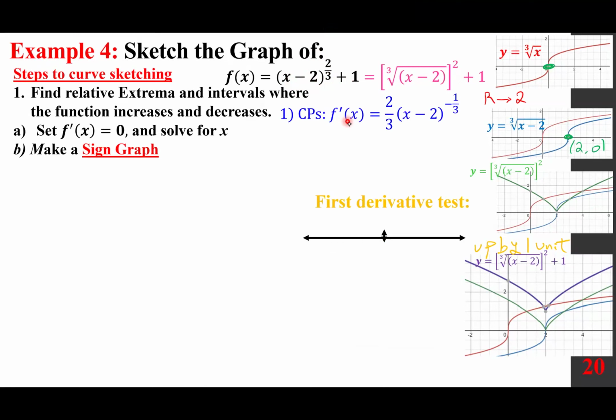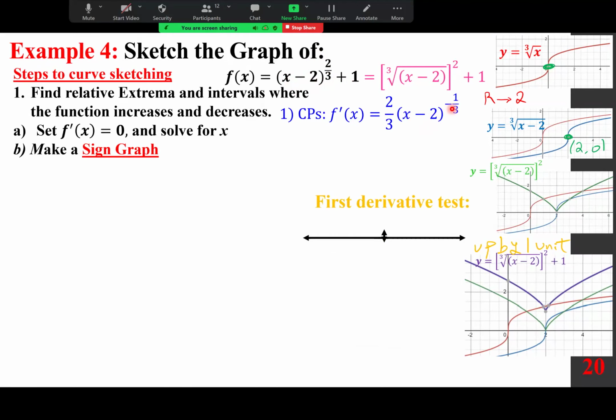We are going to rewrite this by taking this down and making it to the power of positive 1/3, which is the cube root. So f prime of x is 2 over 3 cube root of x minus 2. F prime is 0 if the numerator is 0.